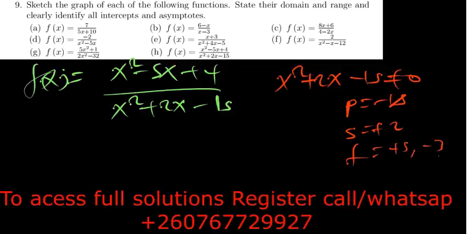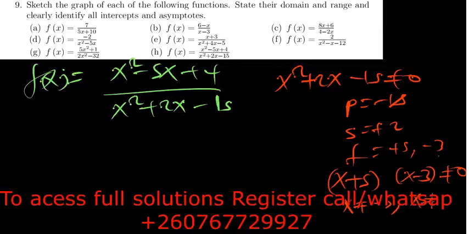So positive 5 minus 3 is going to give me positive 2, then times, I'm going to get negative 15. So I have x plus 5, x minus 3 not equal to 0. So x should not be equal to negative 5 and x should not be equal to 3.